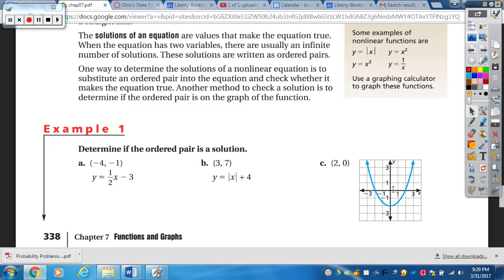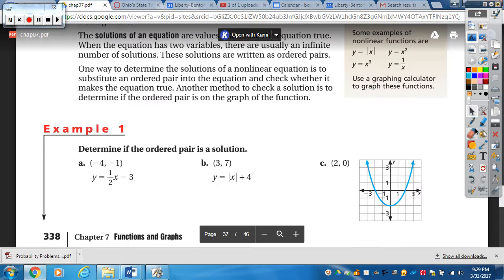All right, I hope you had a moment to go ahead and jot that down. If not, like I said, you want to get that down. But if we take a look at this first one, what we're going to do is substitute in the -4 and the -1 for the x and the y. So I'm going to go ahead and do this. I'm going to substitute the -4 for the x. And we're going to see if equality is maintained, if both sides are equal.